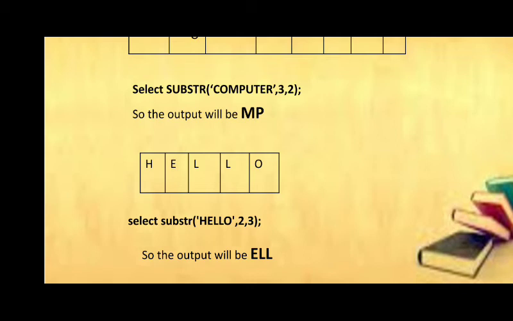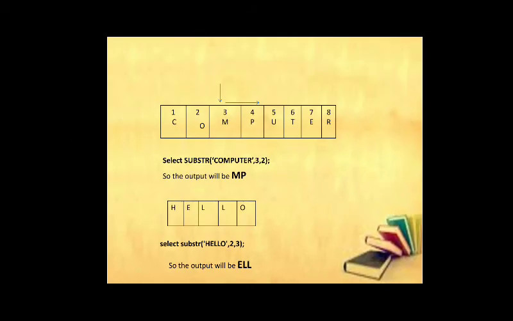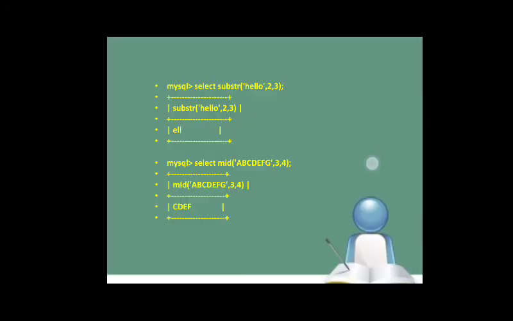The second position is E. And starting from E, you have to take 3 letters. That is ELL, which will be your substring. Now, the same is shown here. Hello 2, 3, ELL will be your output.